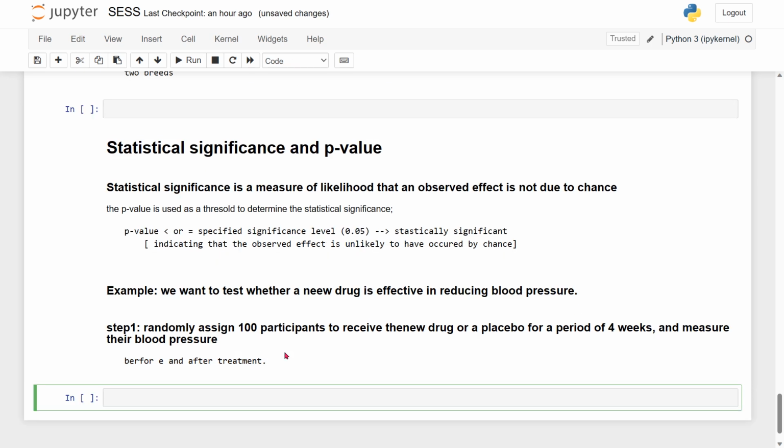Now in step 2, we perform a two sample t-test to compare the mean change in blood pressure between the treatment and control groups.